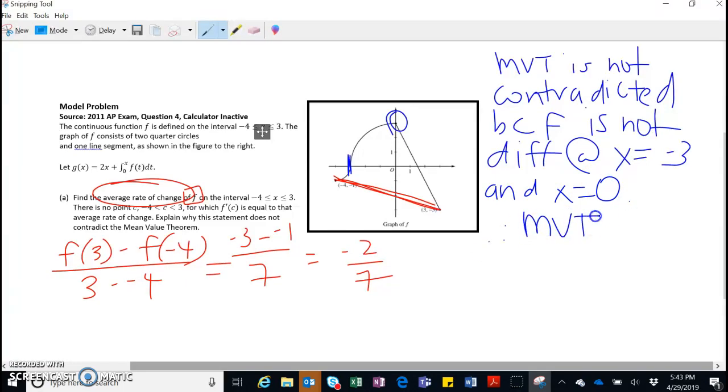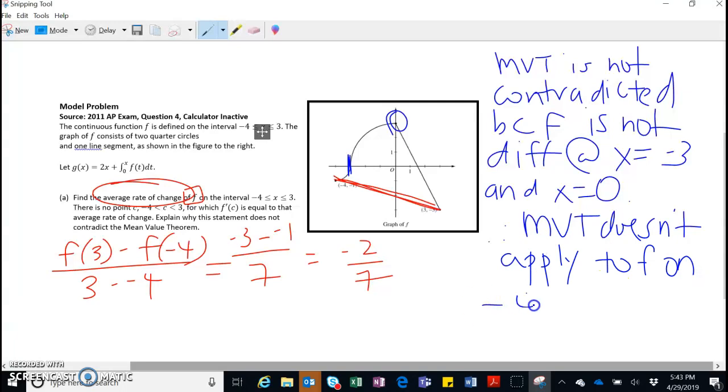Therefore, MVT does not apply to f on the interval -4 to 3. So just recapping what we saw earlier here, stating why MVT can't hold on some of these interesting piecewise graphs is typically because of non-differentiability.